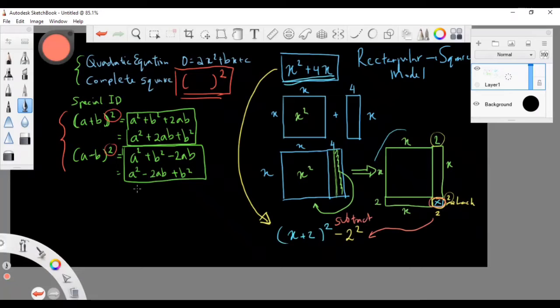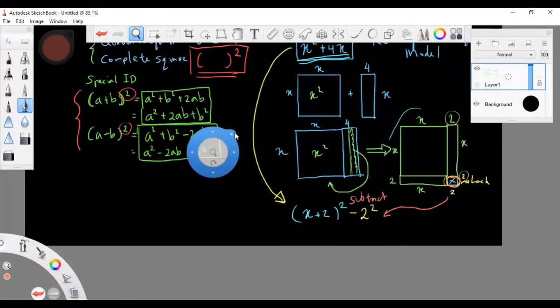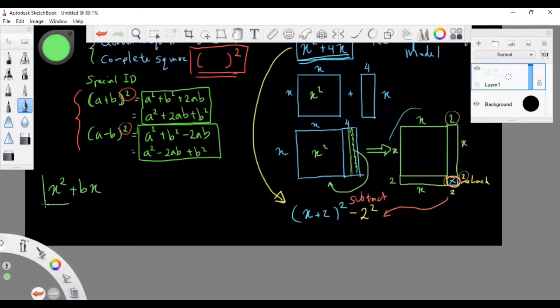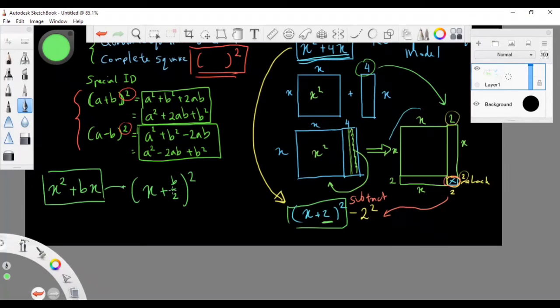So the main idea or the general form of a quadratic expression with a complete square, or the conversion of regular x squared plus bx. So we focus on this. You can just write x plus b over 2, because 4 becomes 2, so it is b over 2 square, and then subtract with the 2.